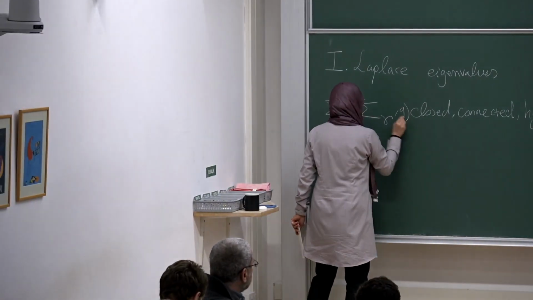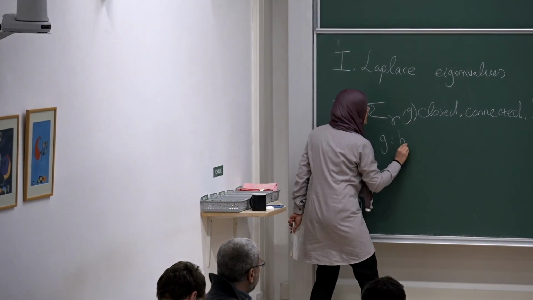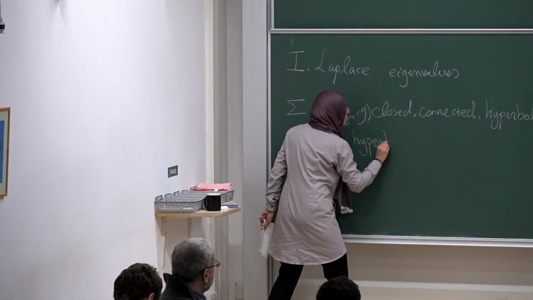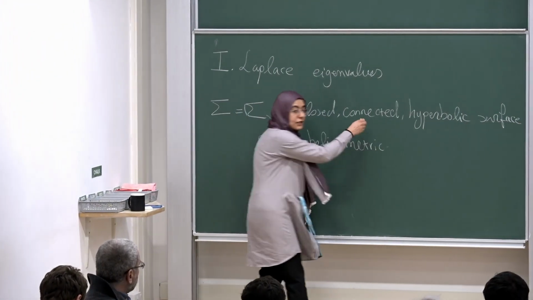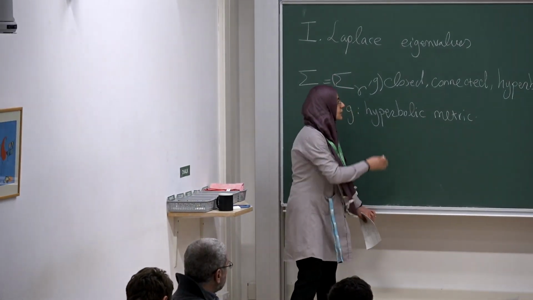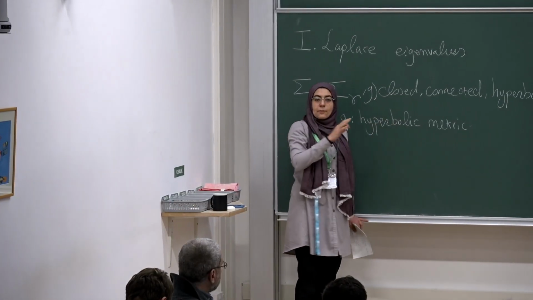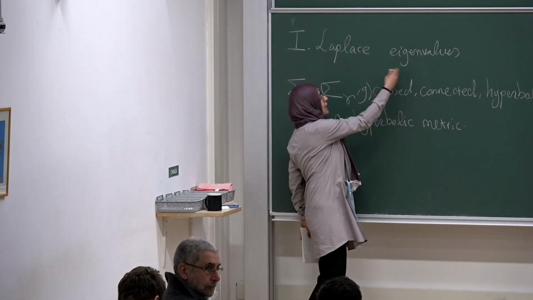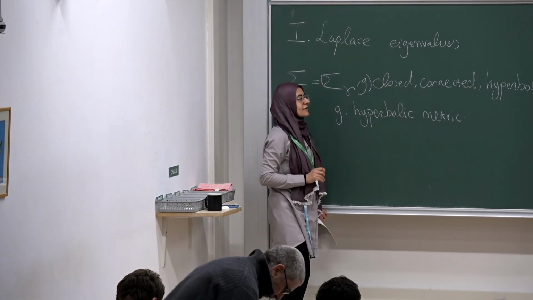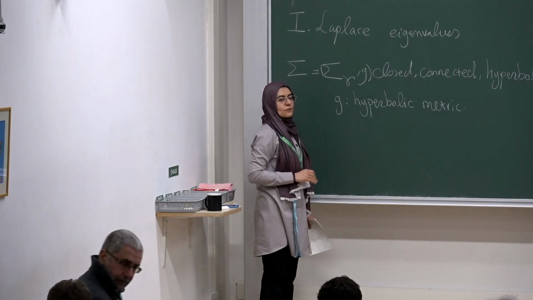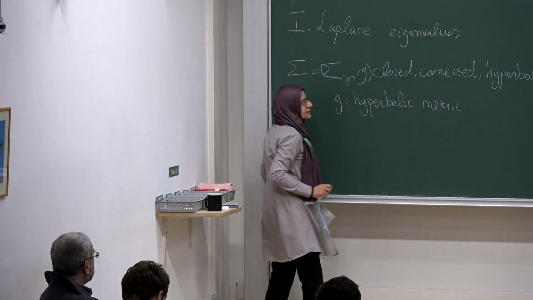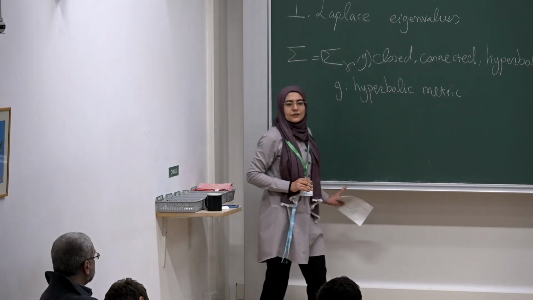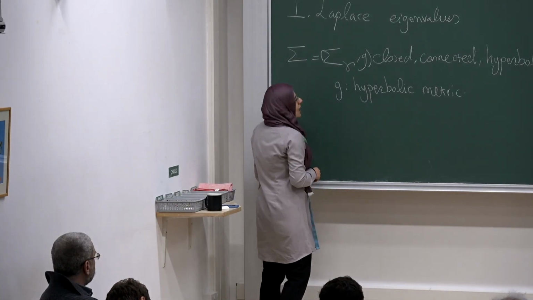Here, let's put g, and g is always my hyperbolic metric. Many of these conditions we can relax. Closed means compact without boundary, but we can relax this condition; most of the results remain true if I assume finite volume, complete. Connectedness is kind of natural, but hyperbolicity also we can relax a little bit.